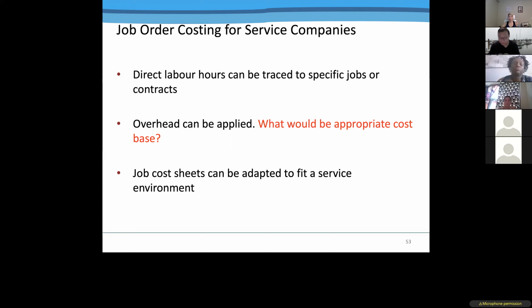Professor, wouldn't it be time consuming to use a job cost sheet for a haircut? Would you use something else instead? Actually, I'm just using haircut as an example, right? In a real situation, it depends on the business.